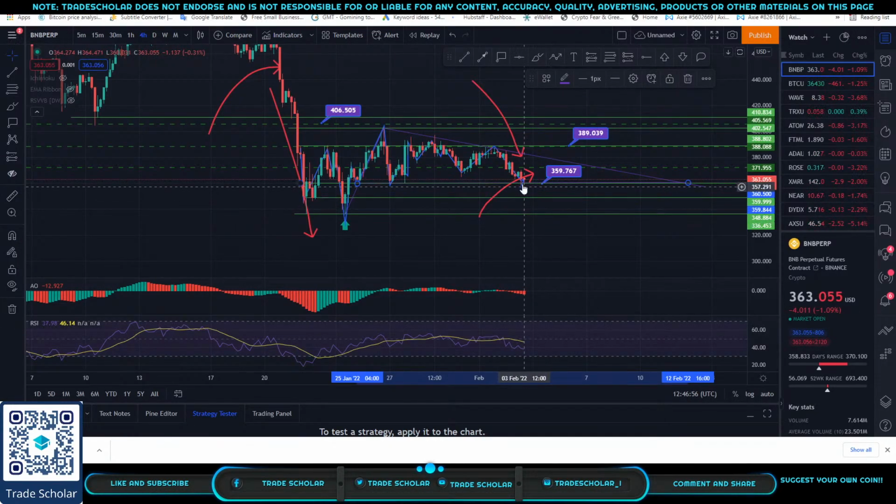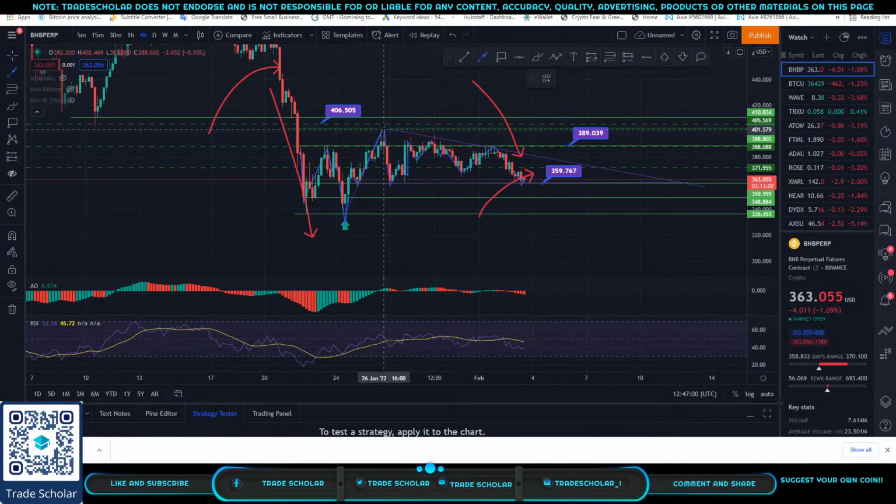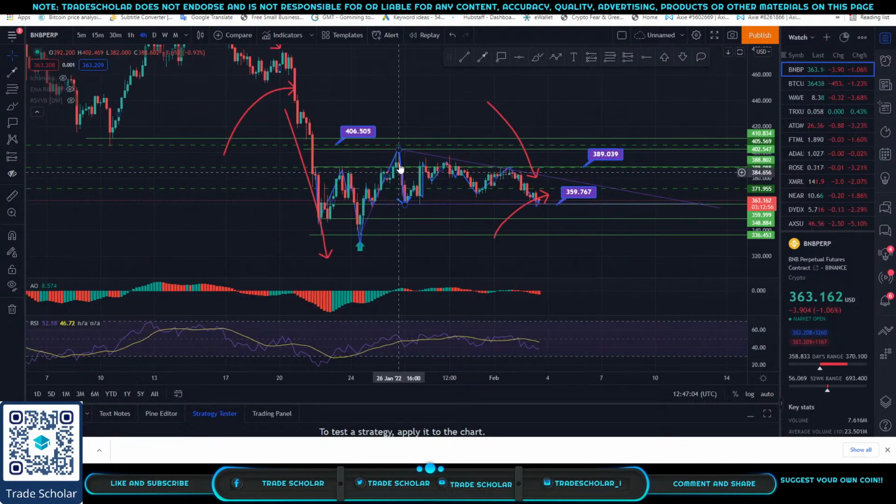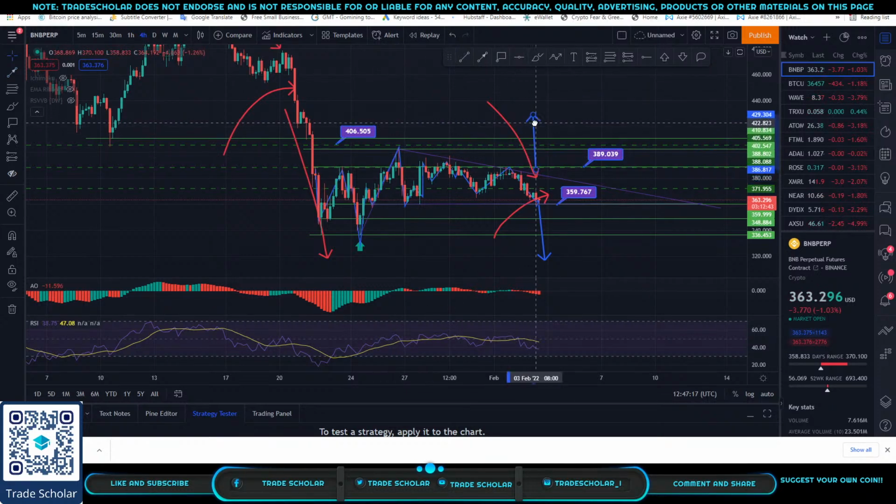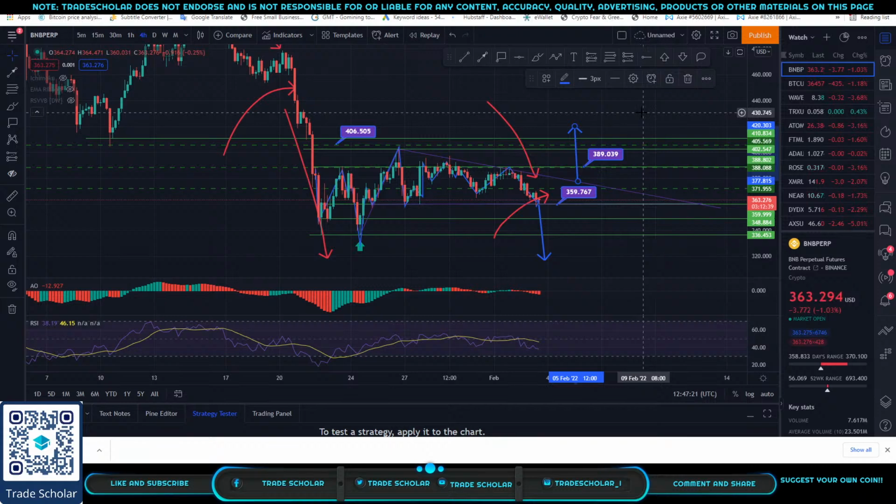We're almost in the breakout area, so either it breaks out to the downside, price target will be from top to bottom. If it breaks to the downside, it goes here. If it breaks to the upside, okay, can come here. Okay, these are the possibilities for our BNB.